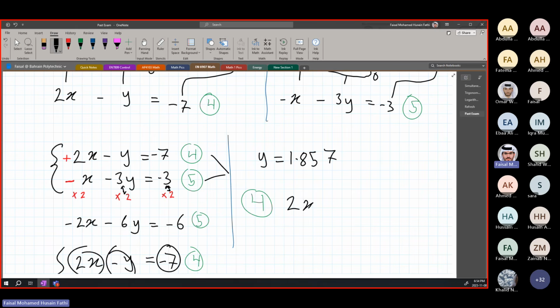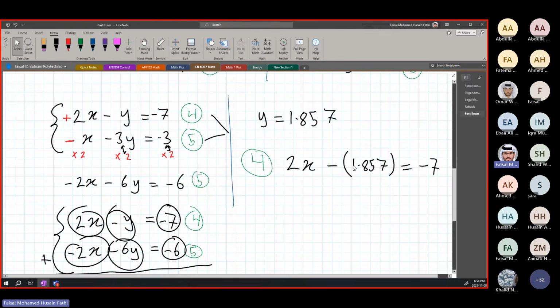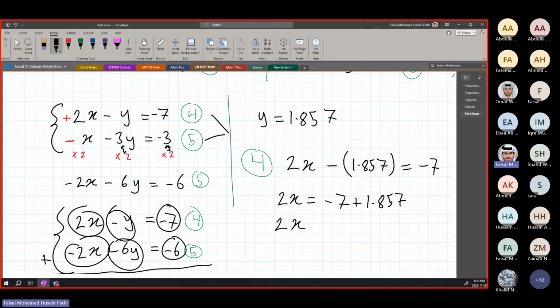So 2x minus y, which is 1.857, is equal to negative 7. And we will solve for x here to find x. So 2x is equal to minus 7 plus 1.857, which is minus 5.143.